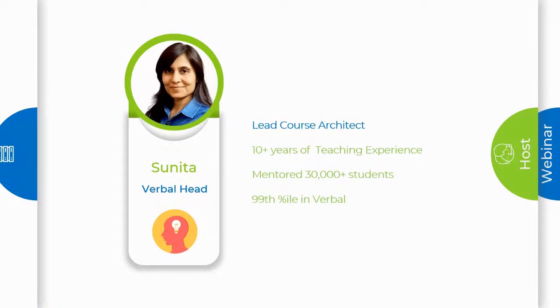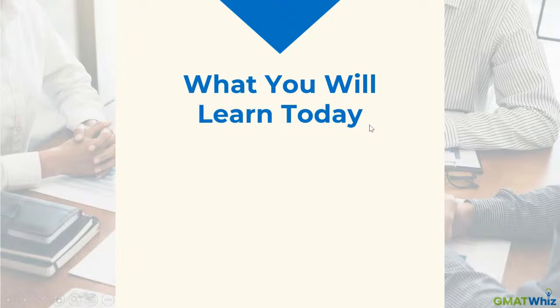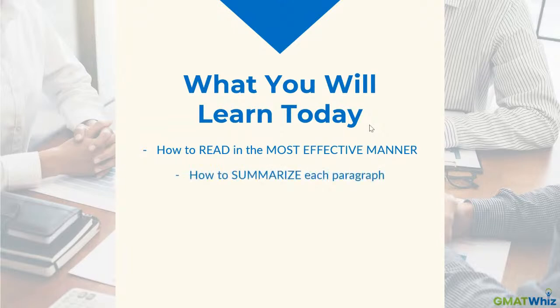In the meantime, I'm also going to set the agenda of the session. I'm sure you're eager to understand what we're going to do today. So the first thing that we are going to do is we will follow the involved and evolved reading method, which I discussed in the last webinar. So we will definitely learn how to read in the most effective manner right from the beginning so that you can summarize every paragraph correctly.